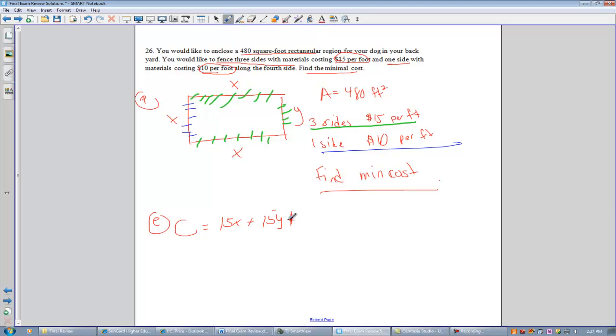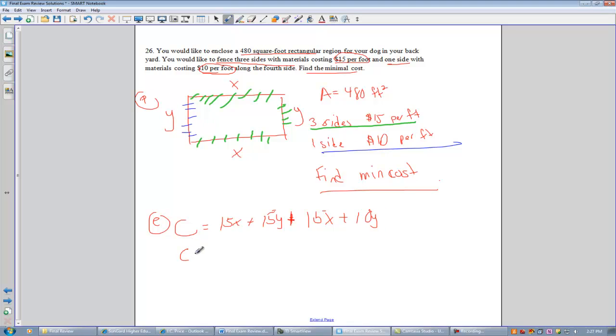Plus I have 15x for the other side. And then plus, now it's not 15, and that should be a y. Let's make that into a y. So this side is not 15y because it costs $10, so it's 10y.